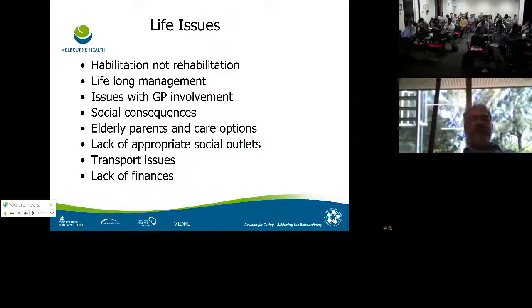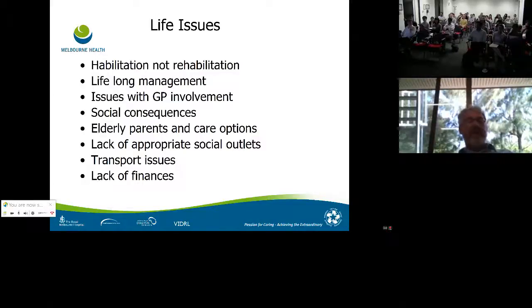Their parents who had previously been very much involved in their care become less able to do so. They may not be able to transfer in the way that they were doing earlier. They may not be able to provide the same care options in terms of showering and dressing, etc. They may develop bad backs themselves and not be able to care for their adult children.